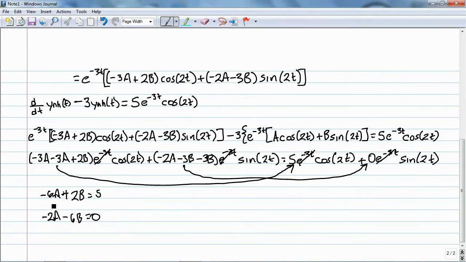The easiest way to solve this is to multiply the first equation by 3, so I'll get minus 18a plus 6b is equal to 15, and the second equation I can just leave as it is.